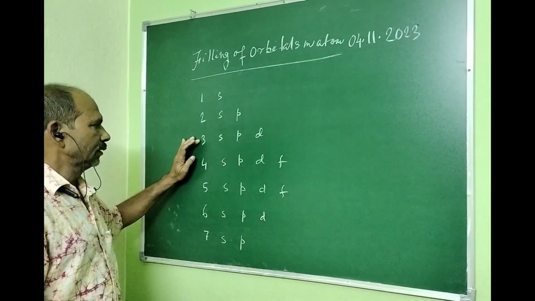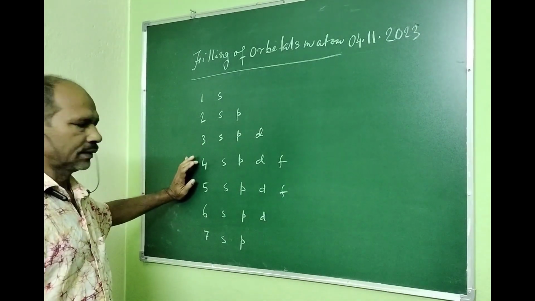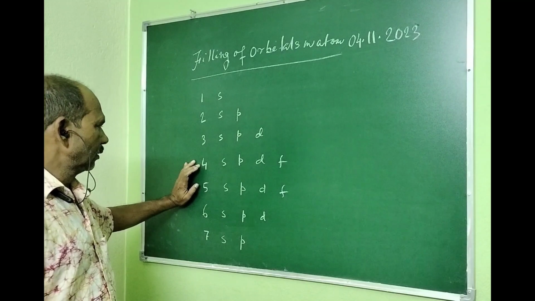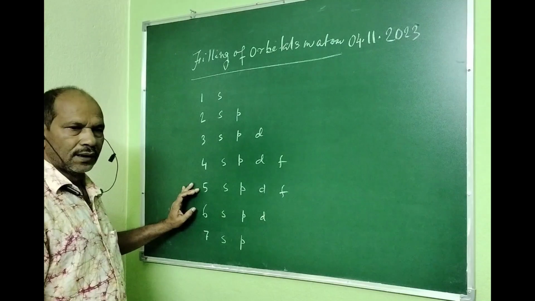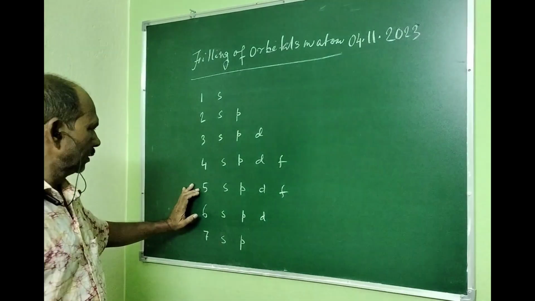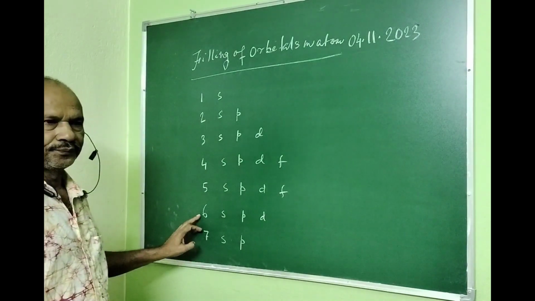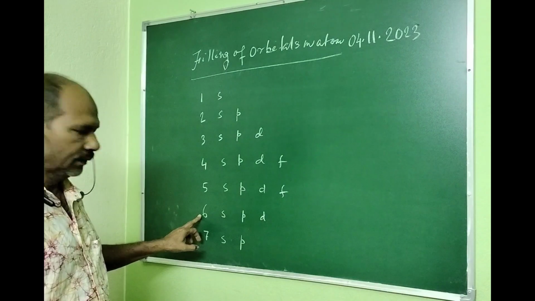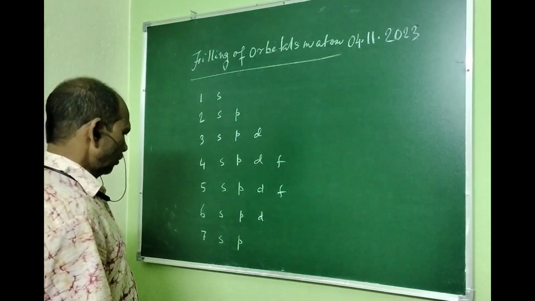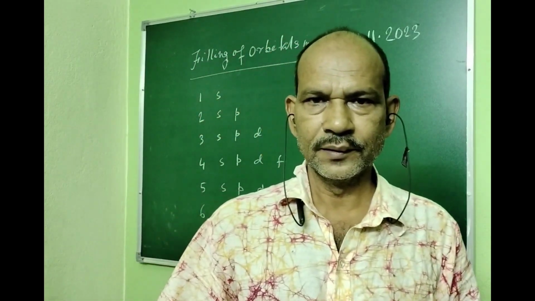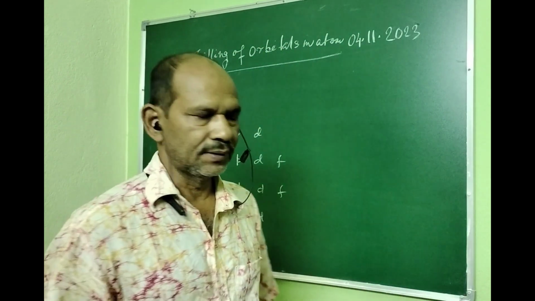The third shell similarly has s, p and d subshells. Similarly the fourth shell has s, p, d and f, and likewise for the fifth shell. For the sixth shell, s, p, d is enough, and for the seventh shell, s and p subshells. So, according to the Aufbau principle, the electrons will be filled up from lower to higher energy levels.